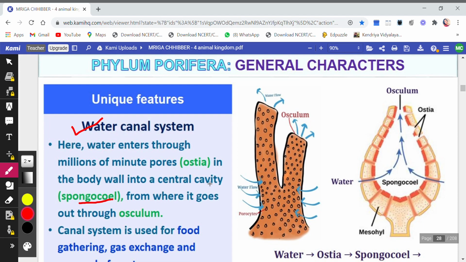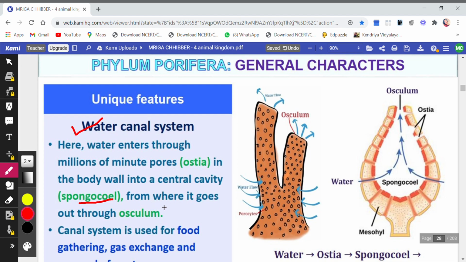The body cavity here, where the water fills, is called spongiocele. These are the ostia, the pores in the body wall, and this is the cavity called spongiocele.